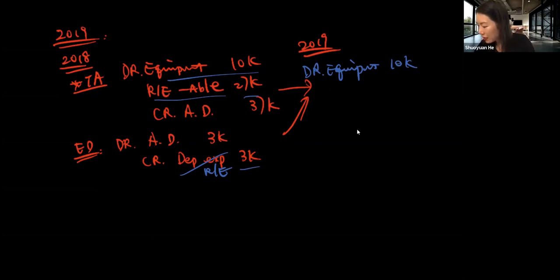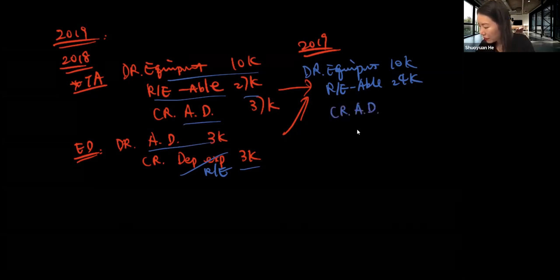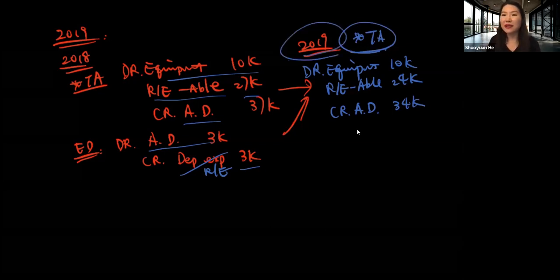So that is retained earnings for Able at the beginning of the year for 24,000. And then accumulated depreciation is 37 minus 3, so that's 34. So we credit accumulated depreciation for 34,000. So this is the start TA entry in the year 2019.